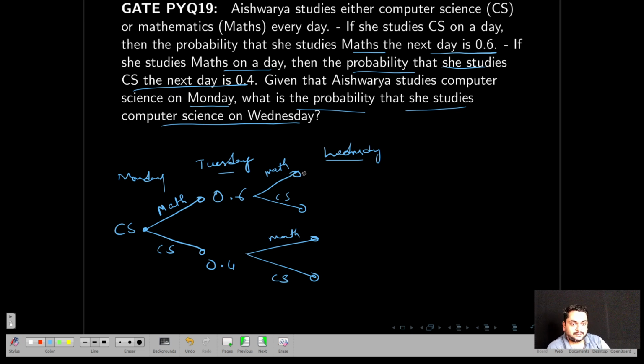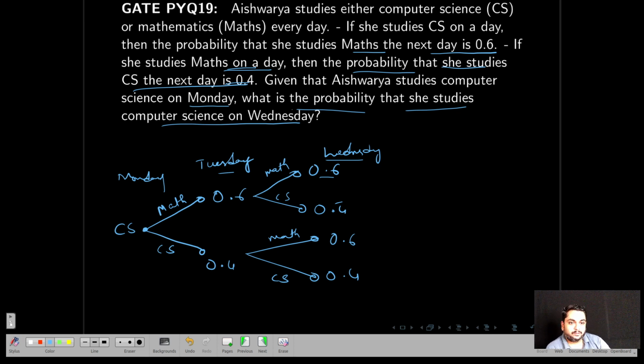Okay, if she studies maths on Tuesday, the next day what is the probability to study maths again? CS is 0.4 and this will be 0.6. The probability to study CS the next day is 0.4. That is, if she studies maths on Tuesday, on Wednesday she studies CS with 0.4. Otherwise, the maths is 0.6. Similarly, here 0.6 and 0.4.